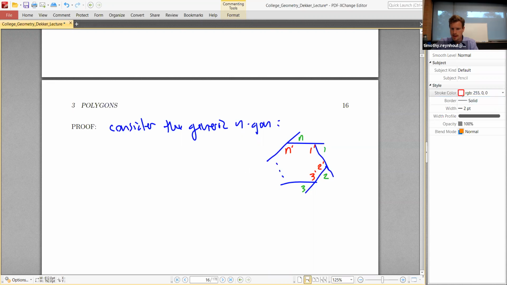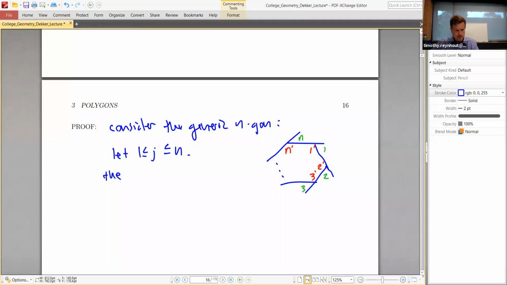Excellent. So here we have a generic n-gon. Then let j be a number between 1 and n, so we can refer to the angles.